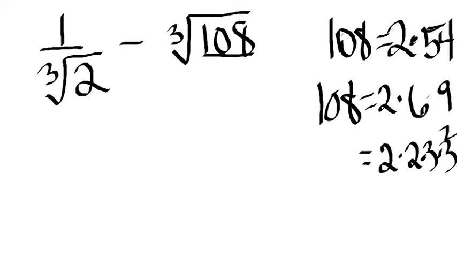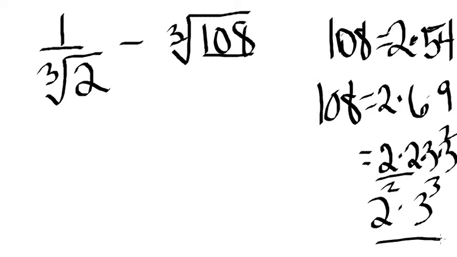So, let me think about this for a second. Alright, because this is a cube root here, let's do this. So let's see, 2 squared. And hold on. Oh yeah, 3 cubed. So 2 squared times 3 cubed. I think this is what we're going to use right here.